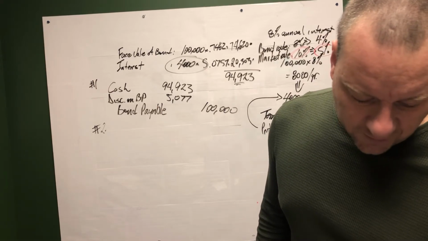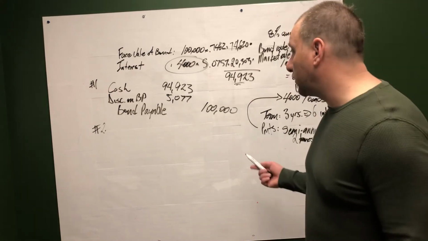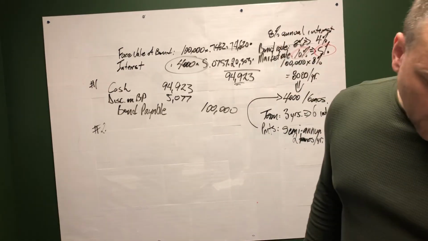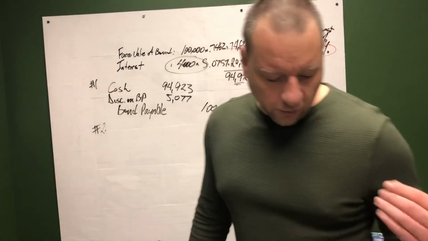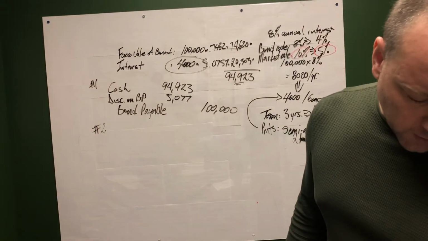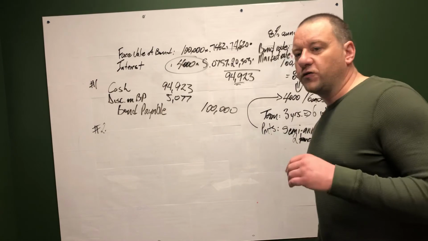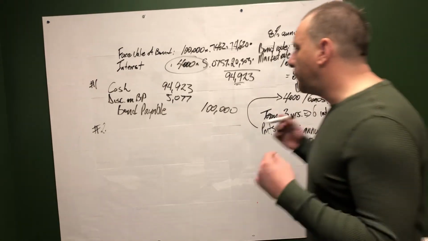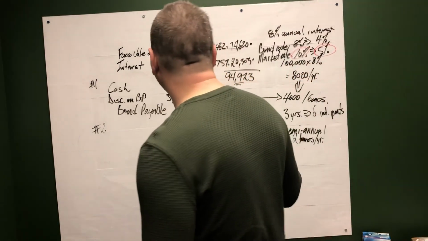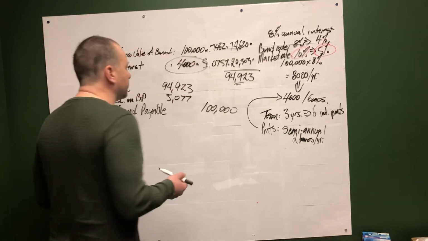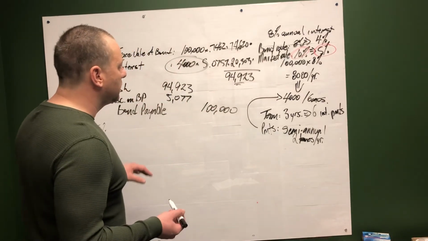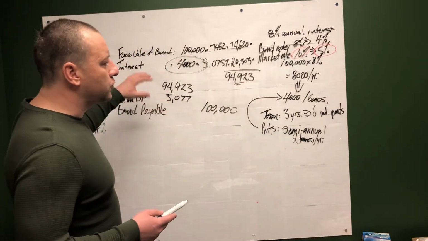The unamortized discount is $5,077. Okay. So now we've got to make our interest payment. Our interest payment is going to be on June 30th, 2021. So we look at the bond. Now the bondholder knows they're always going to get $4,000 of interest, because that's what's attached to the bond.